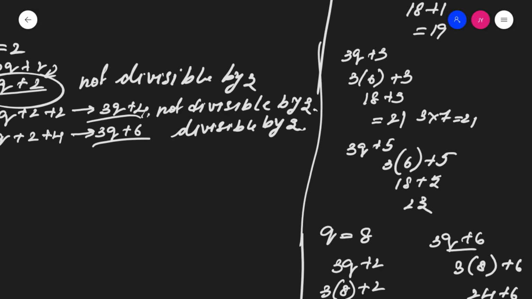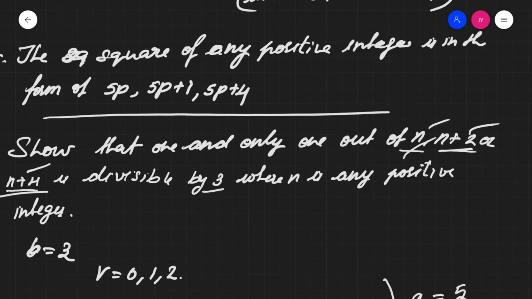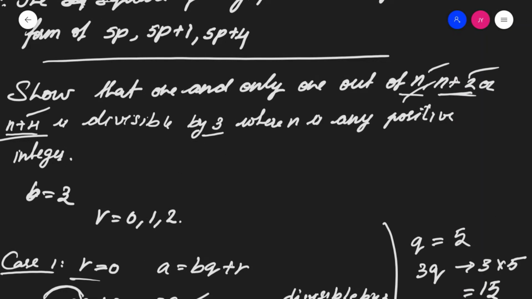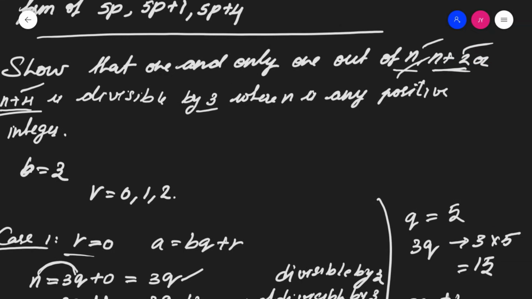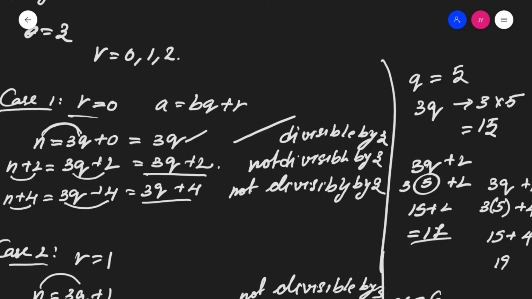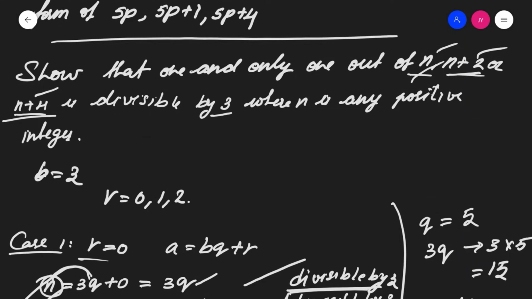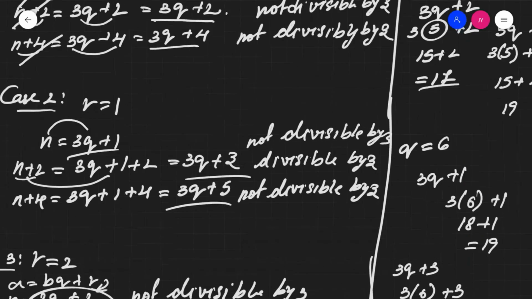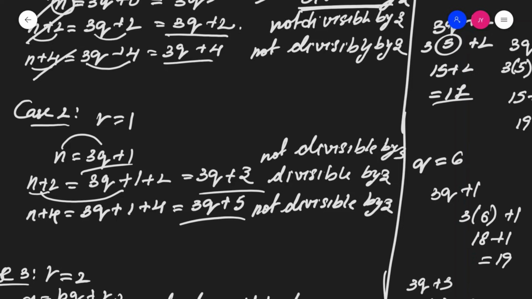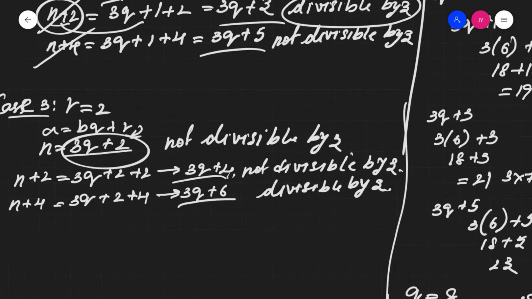Now let us read the question again. We'll understand it now. Show that one and only one out of n plus 2 and n plus 4 is divisible by 3.